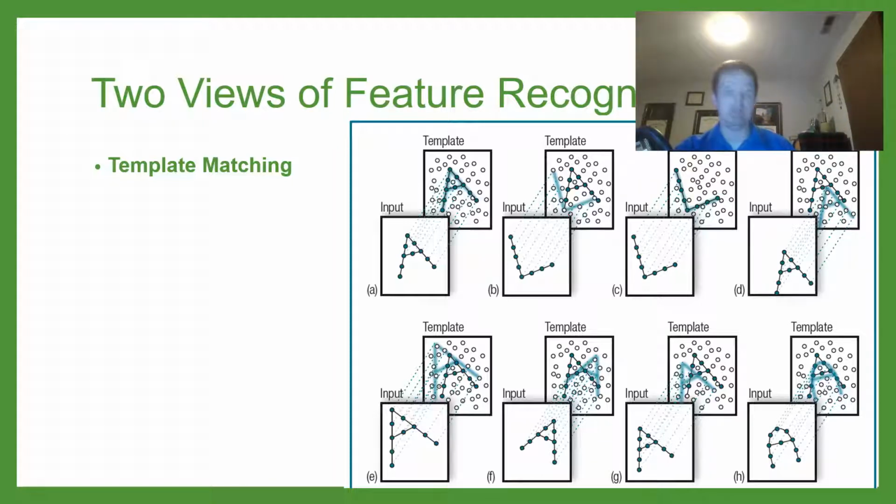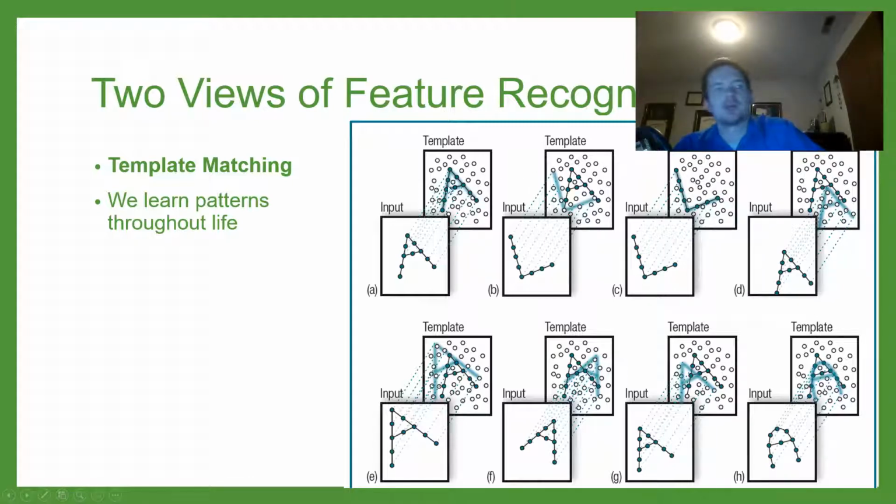So to give you an example, what you are looking at here, where it says template, you can see all these circles, you can think of these as kind of like rods and cones. So these are parts of your retina.